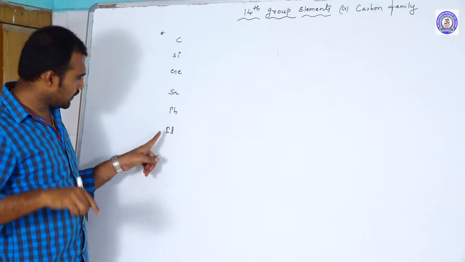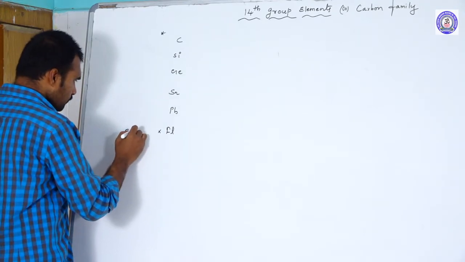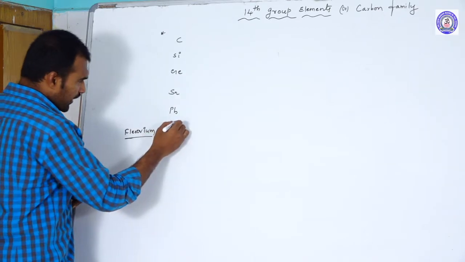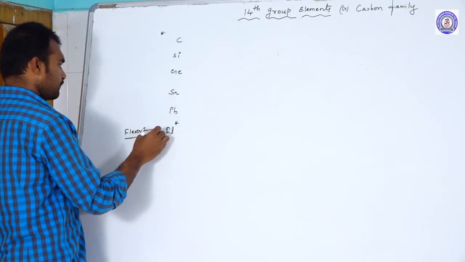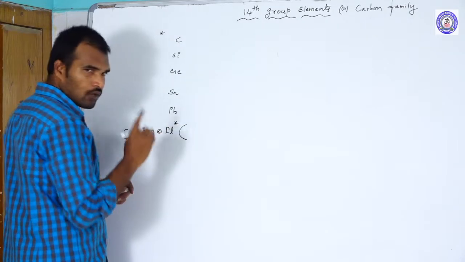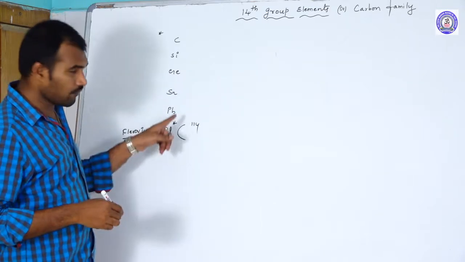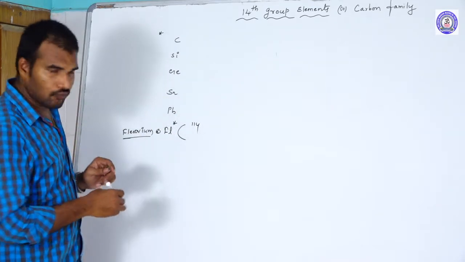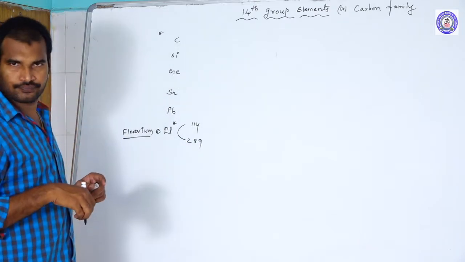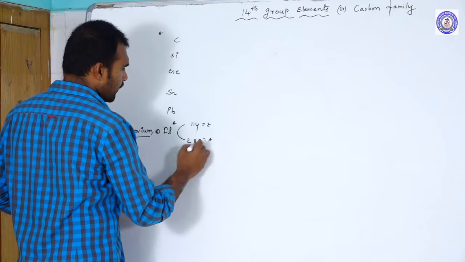F. Okay, this is Fl, flerovium. It is also a radioactive element, whose atomic number is 114, because the one before it is 113. So this is 114, and its atomic mass is 289. So this is about the atomic mass and atomic number.